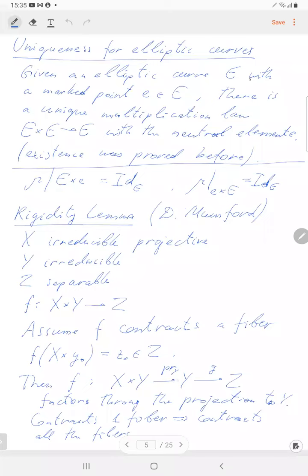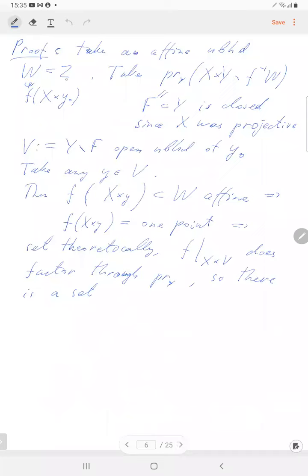So the value of F only depends on the point y. It does not depend on your point in X. That's what we just proved. So it's a set theoretic map G from V to Z, such that F restricted to X times V is the composition of G and a projection to Y.